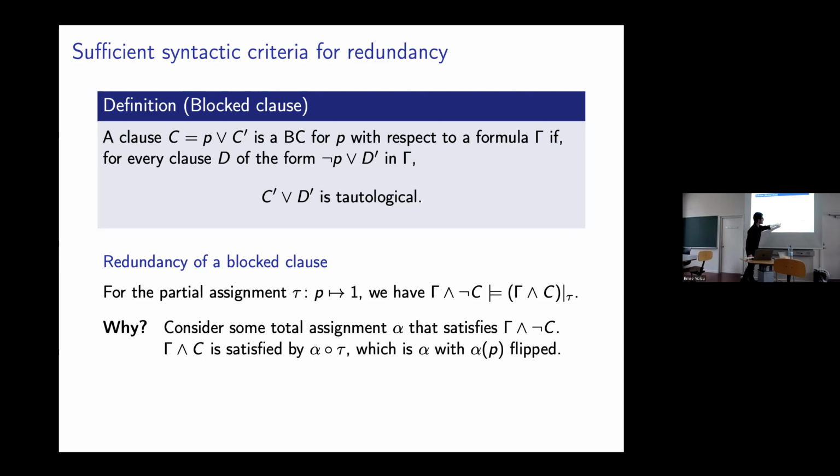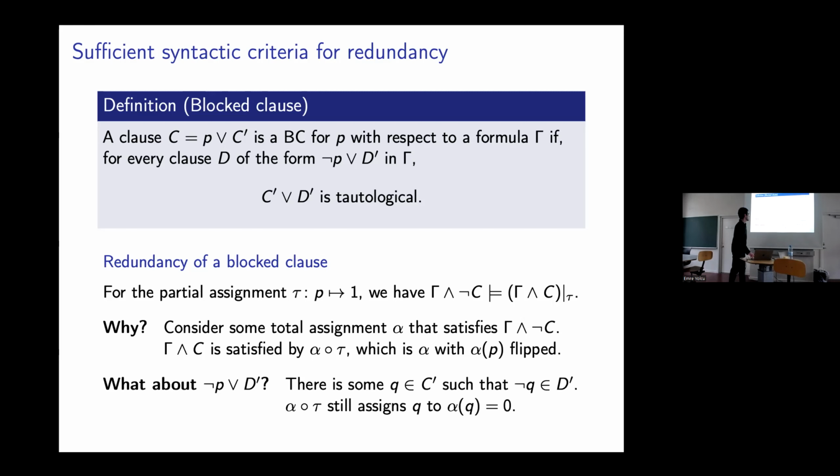And this assignment is, if you notice, just alpha with its assignment of P flipped. And that is because, if alpha satisfies this, then you know that it falsifies C. If it falsifies C, it assigns everything in C to false. In particular, it assigns P to false. Okay. And so why should you believe this?